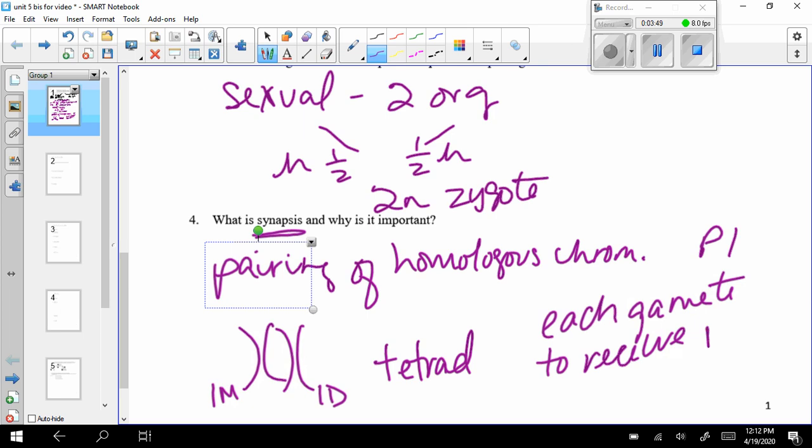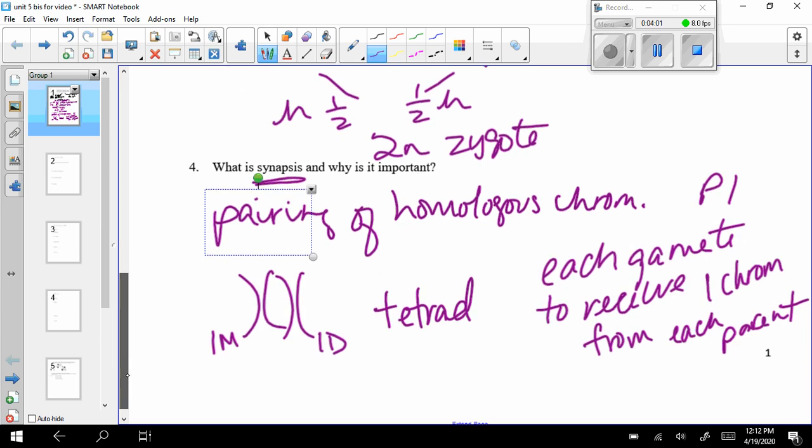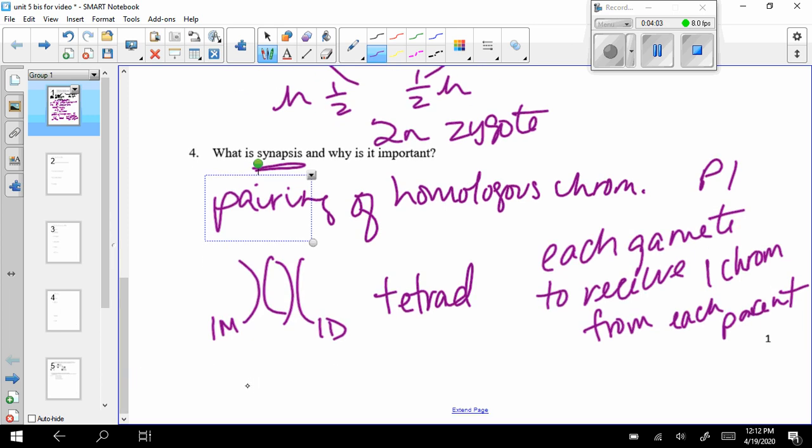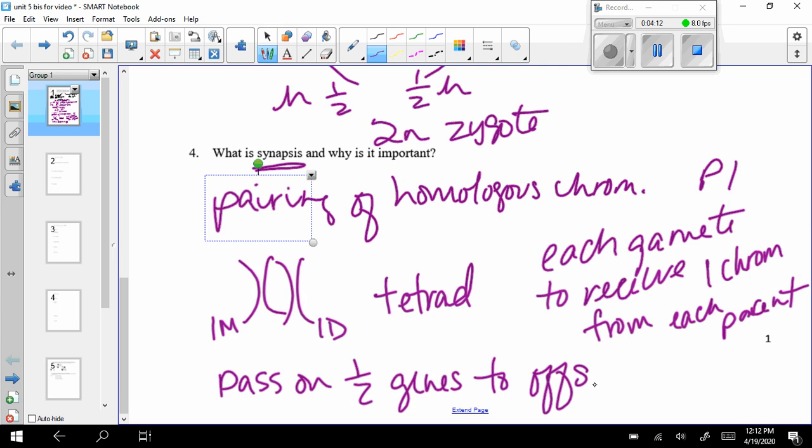To receive 1 chromosome from each parent. It's also pretty significant and important because you only pass on half of your genes to your offspring. The other half is going to come from the other parent.